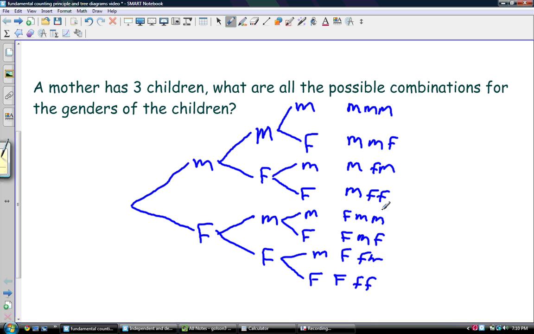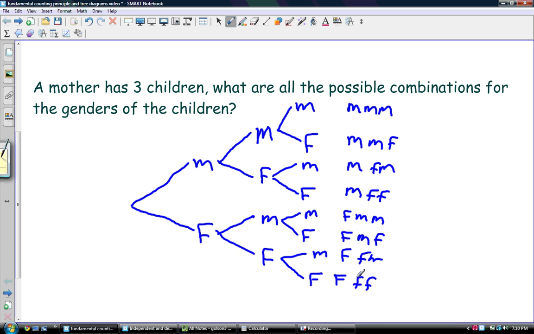You could also use this for probability. Somebody says, if somebody has three children, what's the probability that they're going to have at least one female, let's say? Well, if you're having at least one female, that means you can have one, two, or all three females. That's a favorable outcome. So when I look at this, that one's got a female. Yes on that.